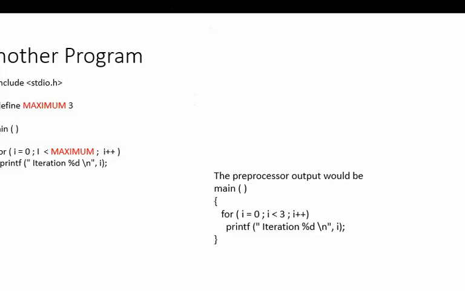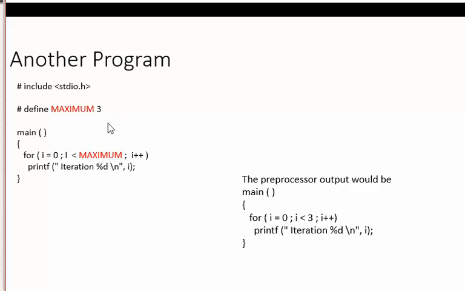Here I've written another program, which defines MAXIMUM as 3. I defined a constant or macro to say that every occurrence of MAXIMUM, replace that with the number 3. So if this is your program, your preprocessor output would be like this.